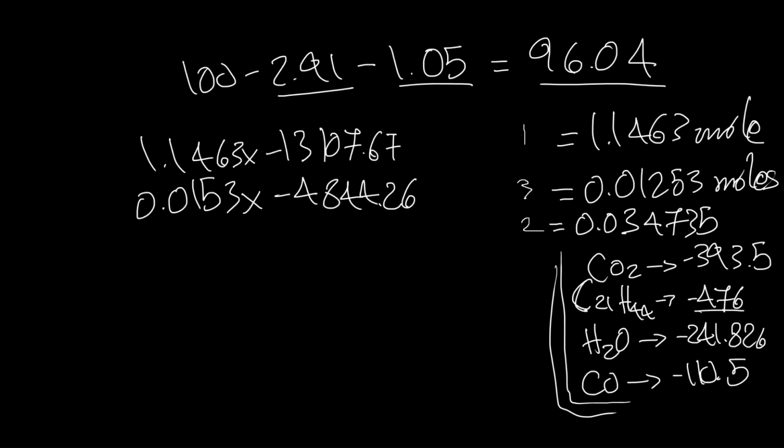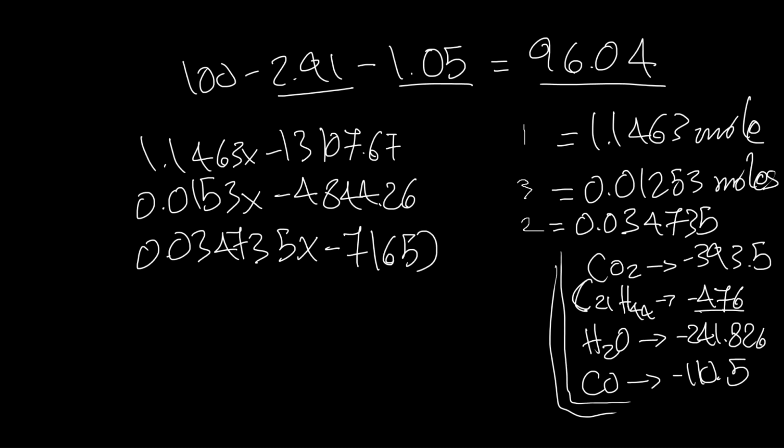And then the last one was 2.91, so that's for the third equation. So 0.034735, and we multiply that by negative 7165. I'm going to put these in parentheses so that they don't look like we're multiplying and subtracting at the same time. Okay. And now we calculate and then we add them together.